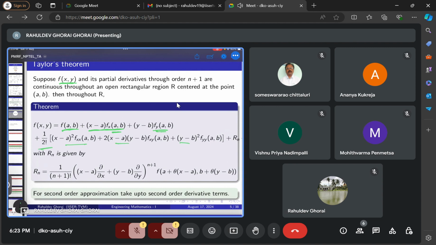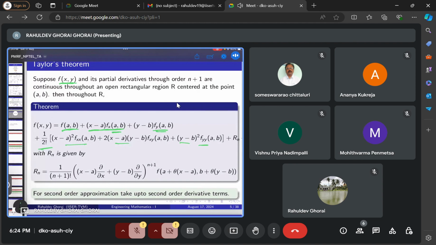For a second order approximation, you will have to take up to second order derivatives. We'll see all those things while doing our questions; I am telling whatever is needed.